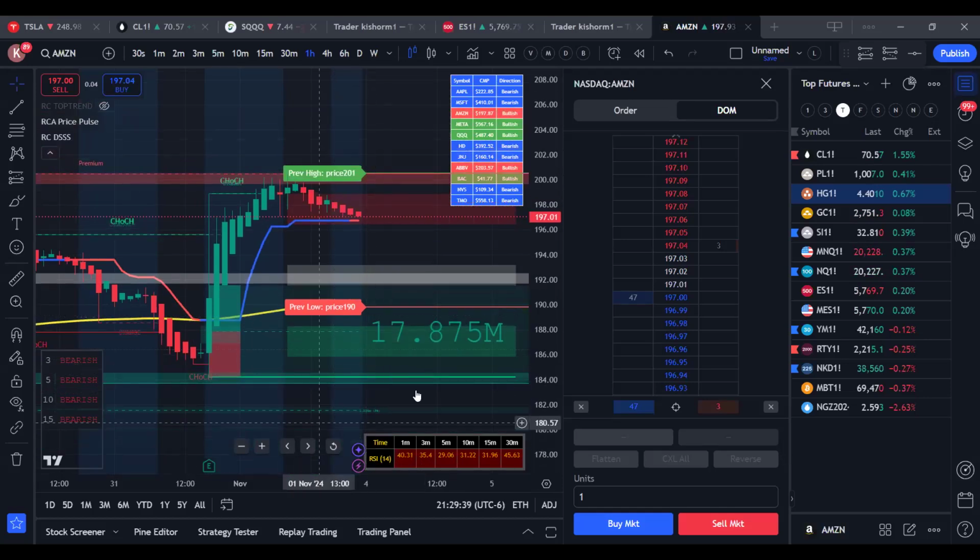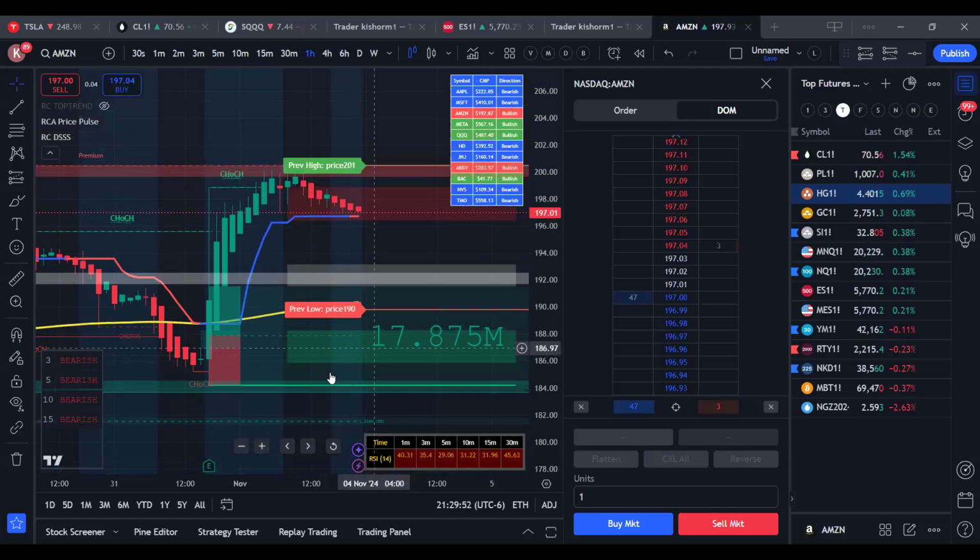Because here this is like a discount area. This is the premium area. So if it goes above, they will minimum bring it to the midpoint. If it goes below, they will bring it to the midpoint. So all we need is to wait for either this area or this area. There is more probability for them to bring it down in the pre-market.